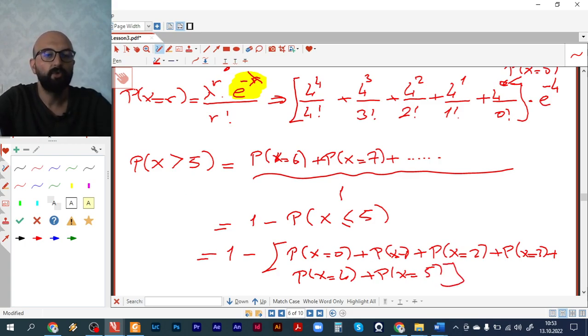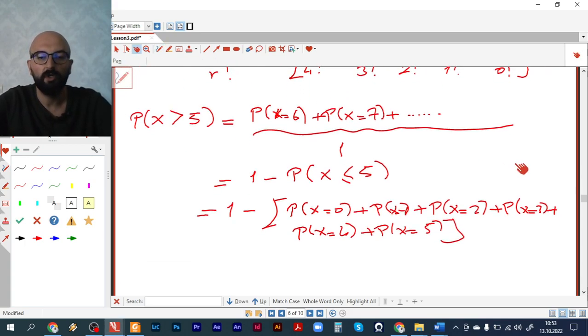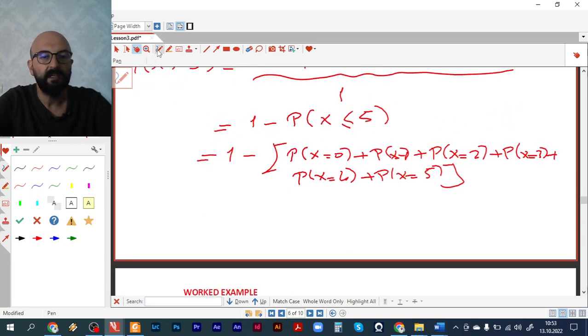And this is a very short process to compute.